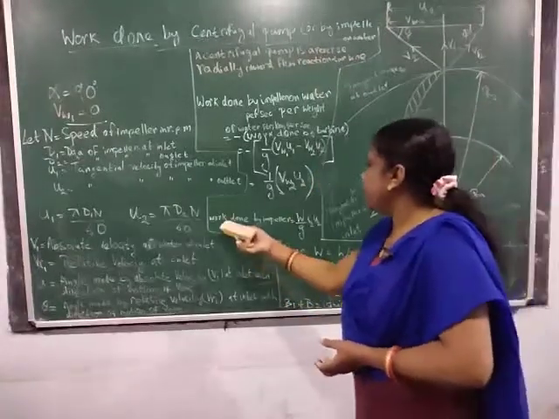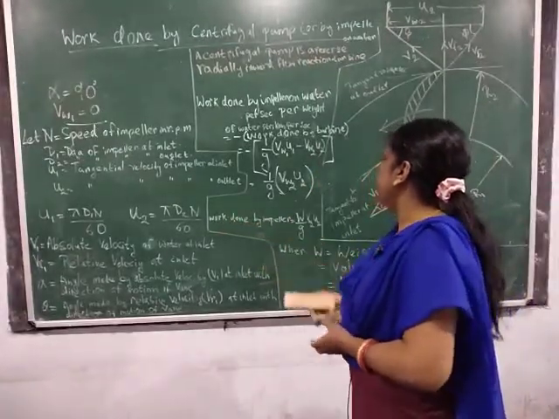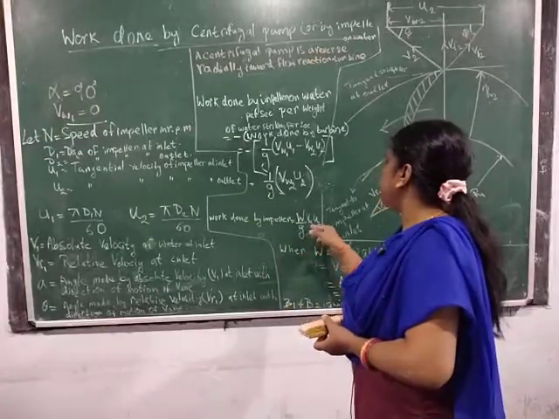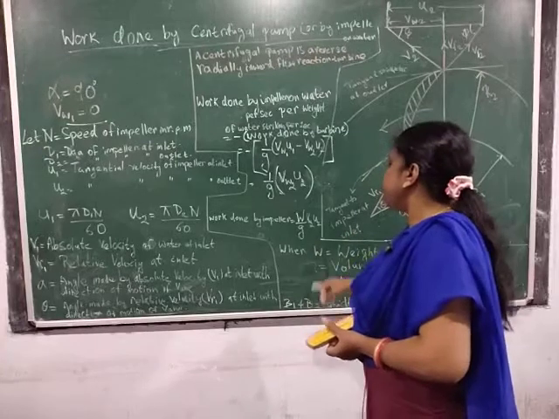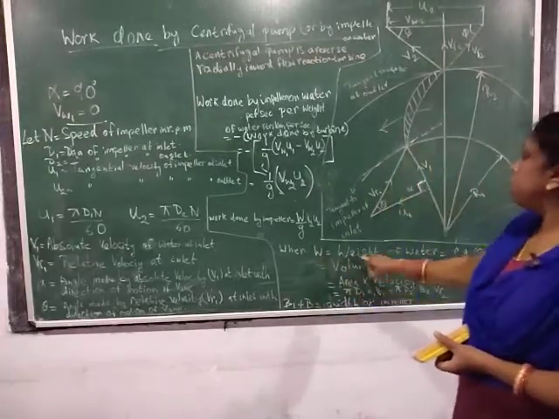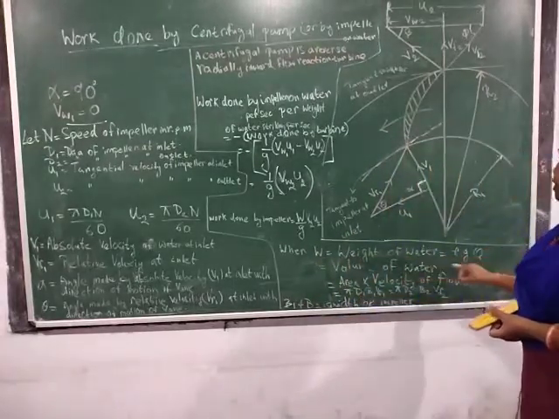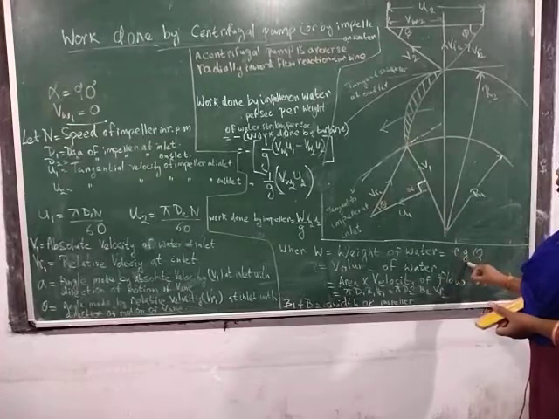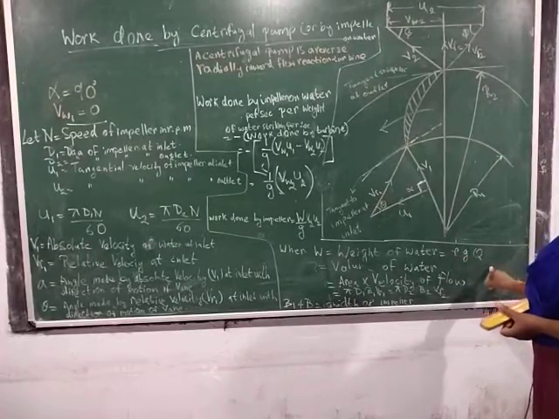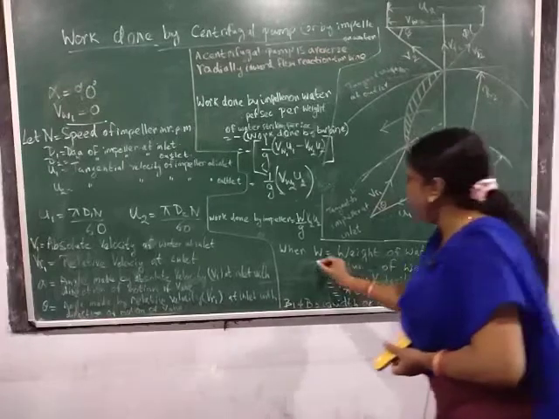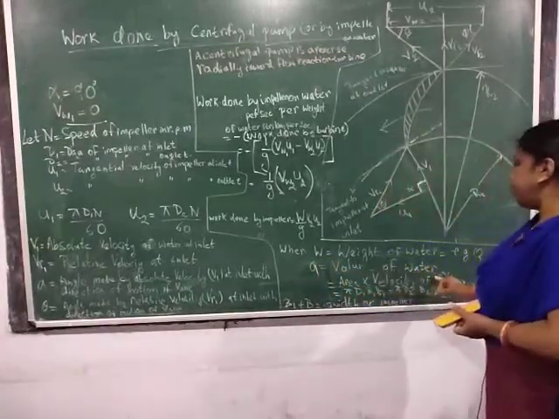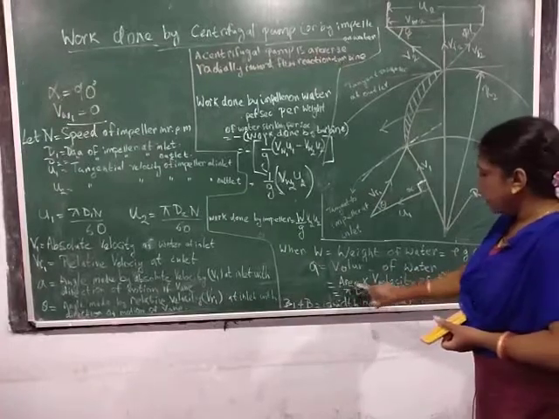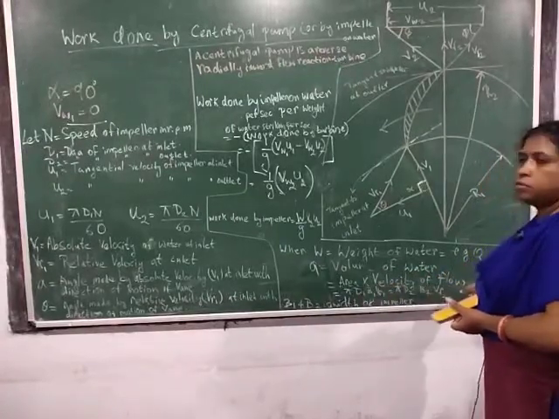Next, the work done by the impeller equals W into Vw2 into U2 divided by g, where W is the weight of water, which equals rho into g into Q, where Q is the discharge. Q equals the volume of water, that is area into velocity of flow.